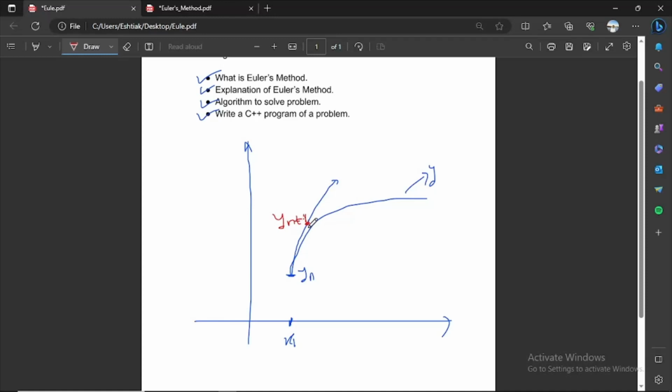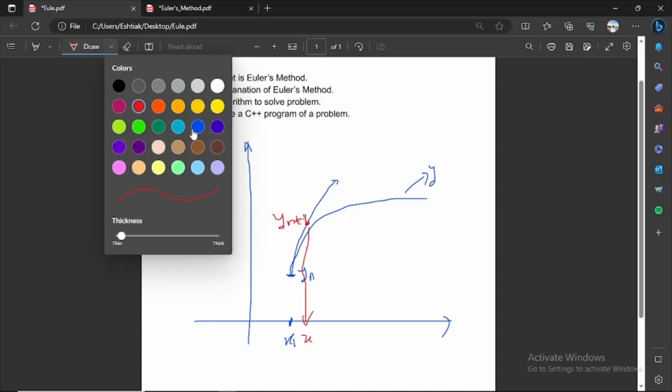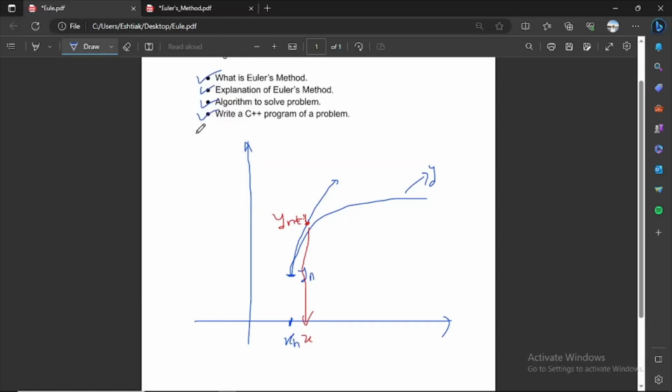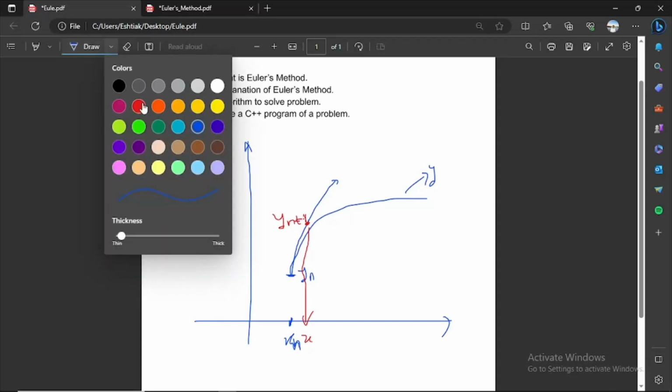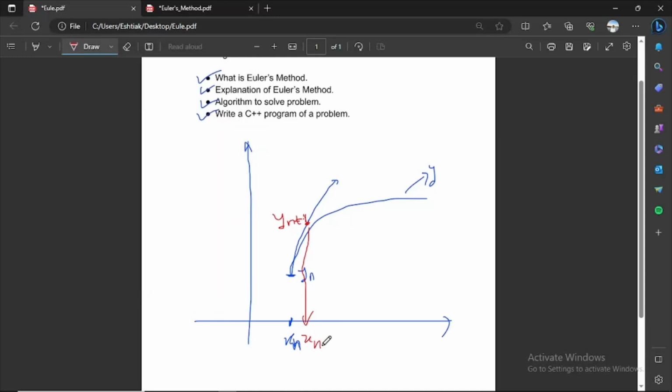This comes from our x value. Here this is xn, and our next x will be xn plus h.